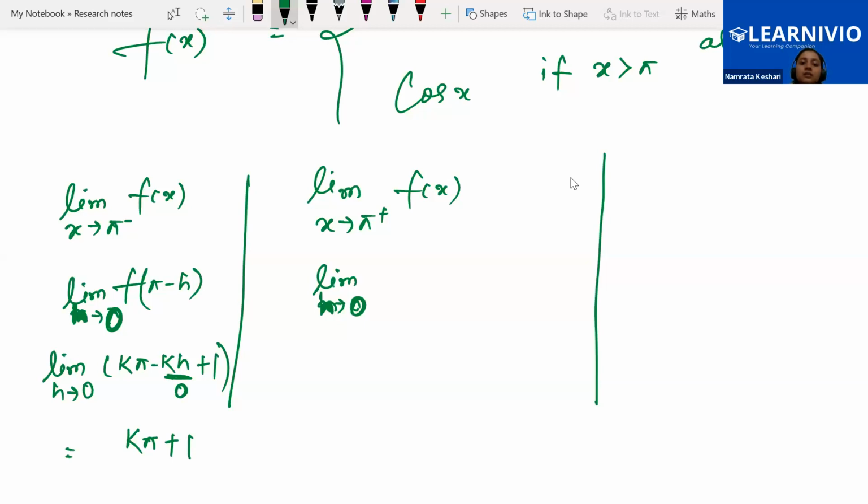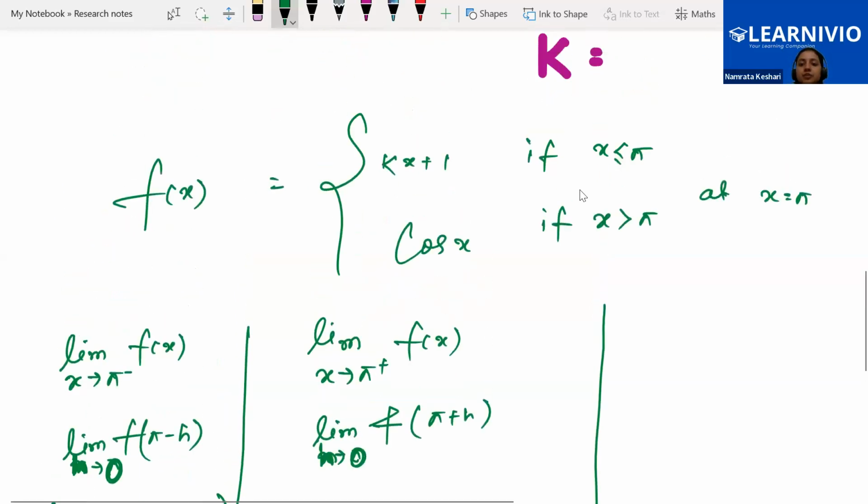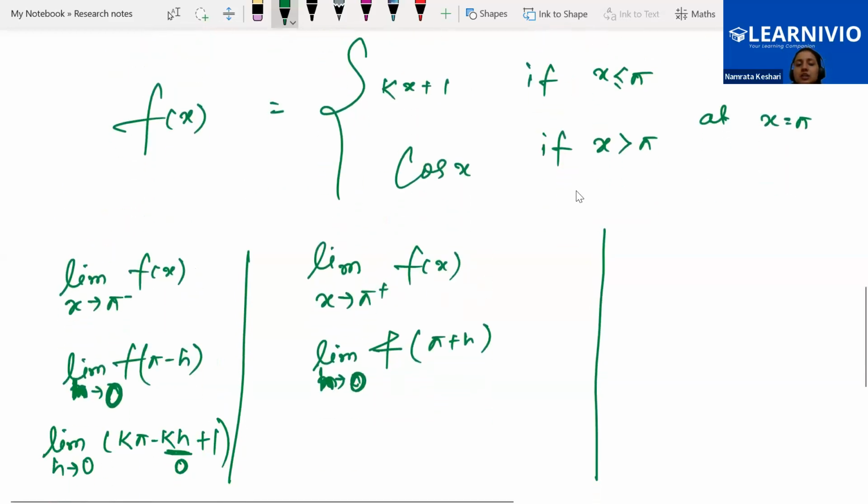Okay. Now the right hand limit we are finding because the function is continuous at pi. h is approaching 0. F of pi plus h, and for pi plus h it is cos x, not kx plus 1. It is cos x.